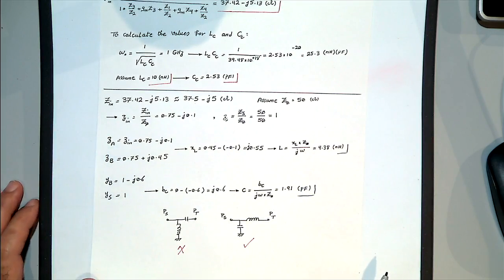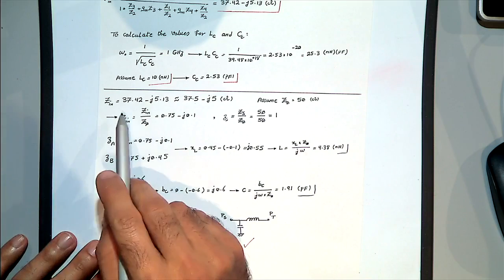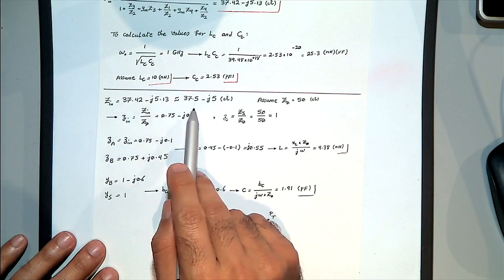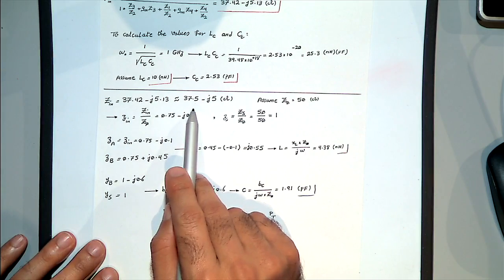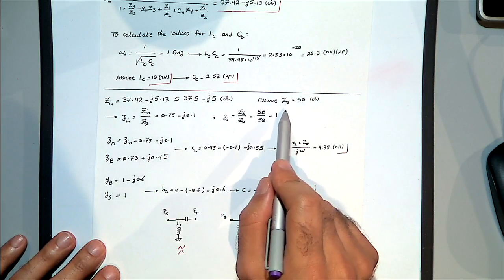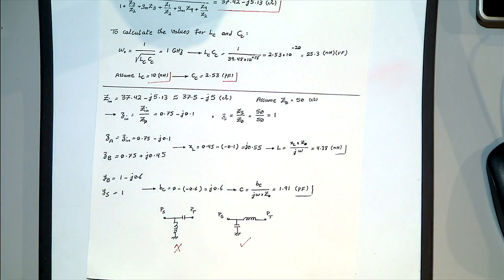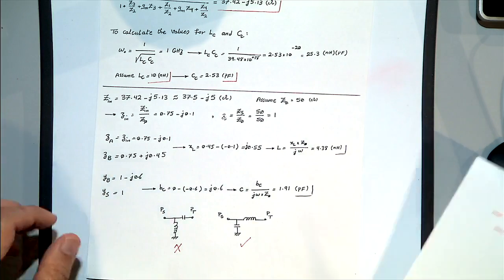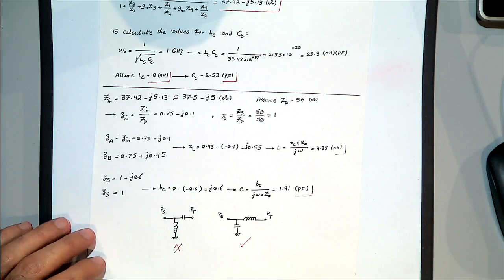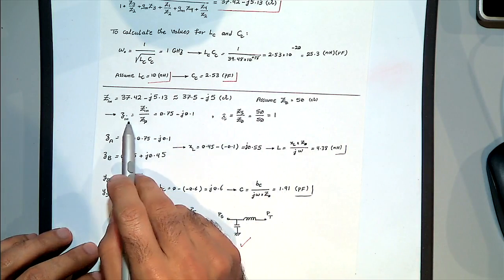And then to do the matching on the Smith chart, we have a Zin, and we want to match it to a 50 ohm at the center. The first thing for the Smith chart is to normalize.